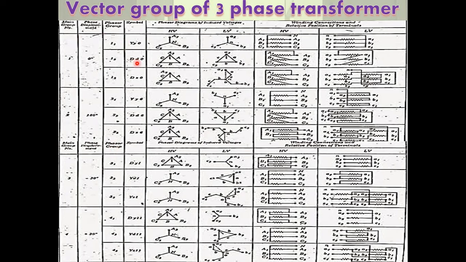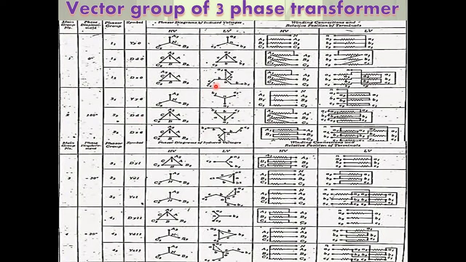Here this is 0 degree, so this is group 1. 180 degree is group 2, and the third group is minus 30 degree, and its clock hour is 1. In group number 4 it is plus 30 degree, clock hour is 11. Group number 1 clock hour is 0, and group number 2, 180 degree, clock hour is 6.